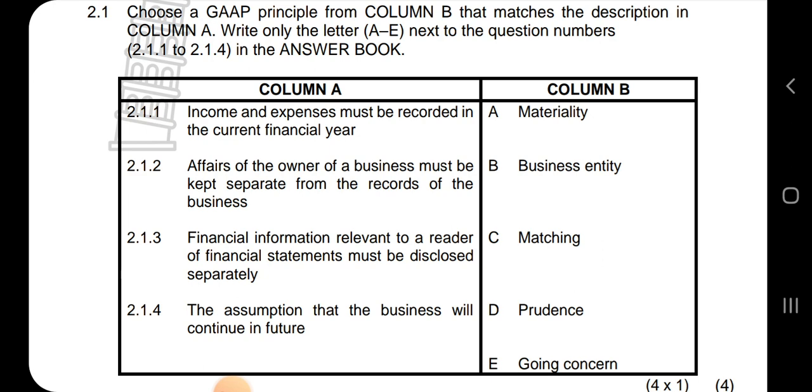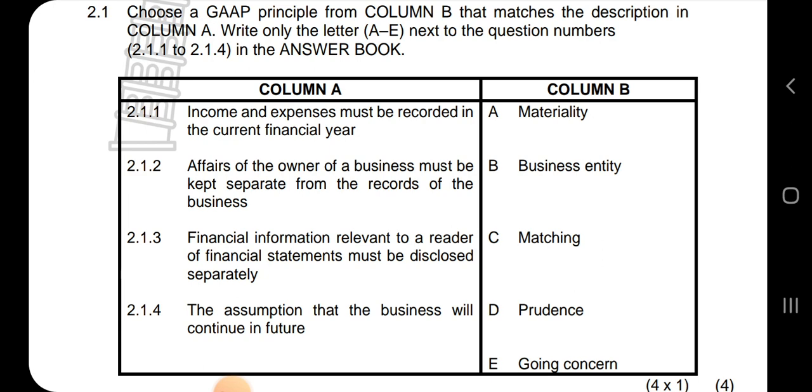So materiality says everything that is important should be on the face of the financial statement. Business entity, the affairs of the owner and the business should be kept separate. Matching principle says, what does it say? It says a transaction should be recorded in a year in which they occurred. And prudence says we must record things exactly the way they happened, so we must not fake incomes and expenses.